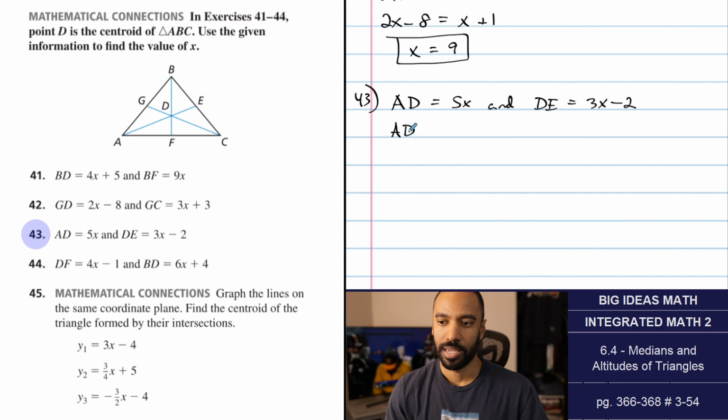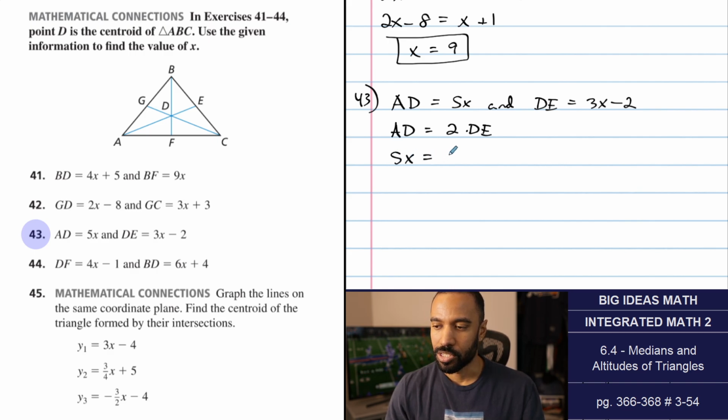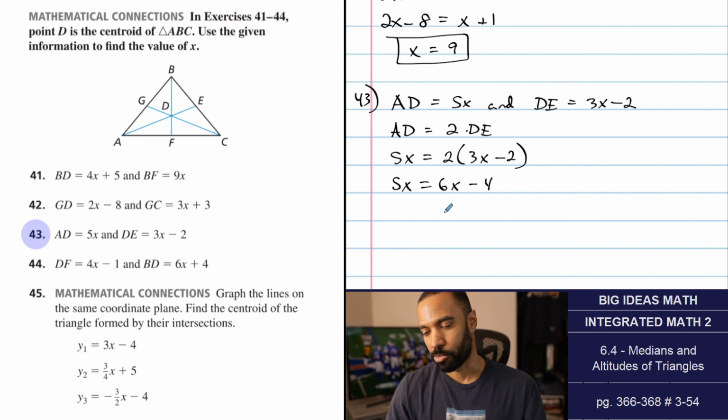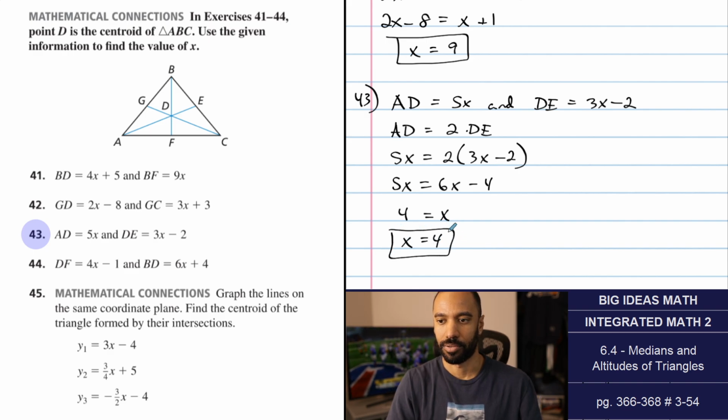That's how that works. I like to put the times symbol. 5x is double that of 3x minus 2. So 5x equals 6x minus 4. I'm going to subtract 5x from both sides to get x. Add 4 to both sides to get 4. So x is 4. Okay.